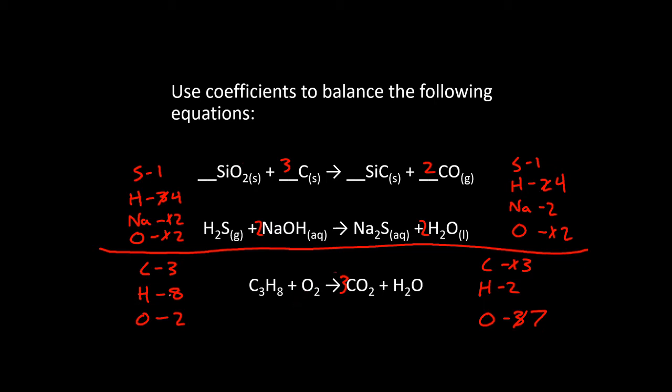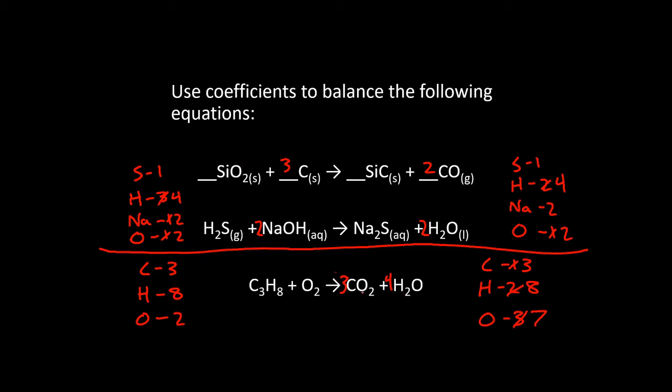So we have 8 hydrogens on the left. We have 2 hydrogens on the right. So if I want to get those to balance, I would need to put a 4 in front of the water. This is my only source for hydrogen on the right side. So to get 8 hydrogens, I would need 4 of these. But again, that's also going to affect my oxygens.